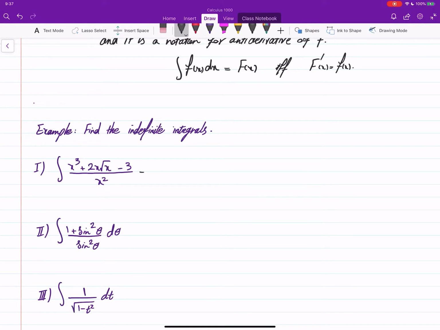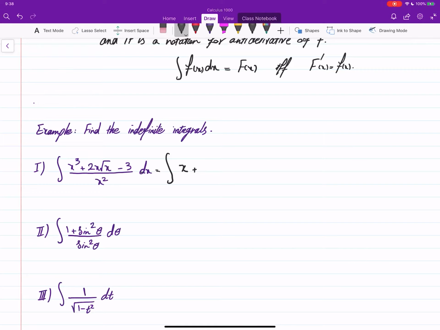Okay, so here, I forgot the x here. I have to find the antiderivative of this function, but it can be found only if I first simplify. So I separate the numerator over the denominator. It will be x for the first one.